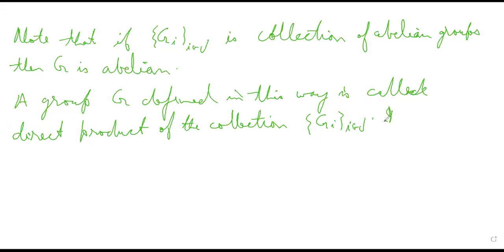This direct product is denoted by this symbol. So the direct product of a collection of groups G_i is denoted by this symbol.